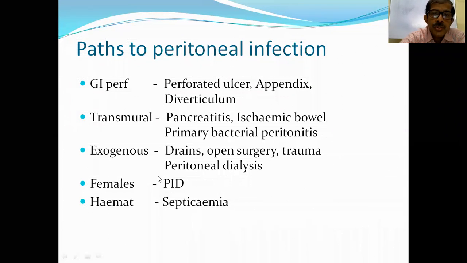Then in females, as I already told you, pelvic inflammatory disease, and hematogenous spread. Suppose there is septicemia because of some septic focus in other areas of the body, it can reach the peritoneum. So these are the routes of spread of peritoneal infection. Mainly you have to concentrate on perforation, then transmural spread, apart from exogenous, females with PID, and hematogenous.